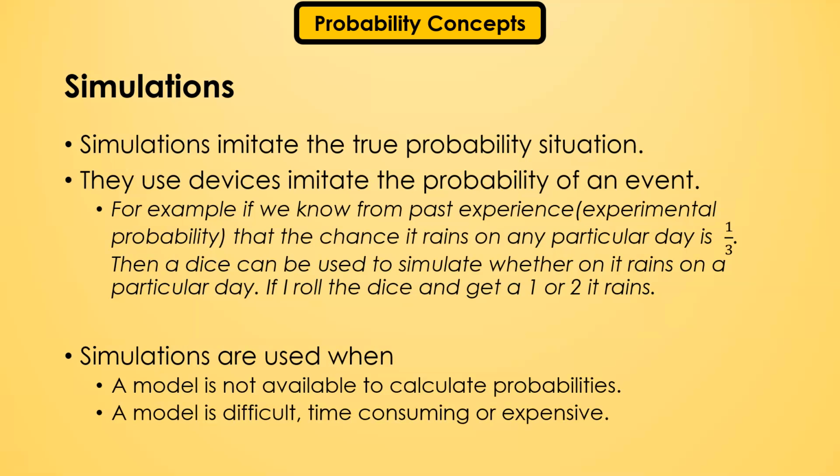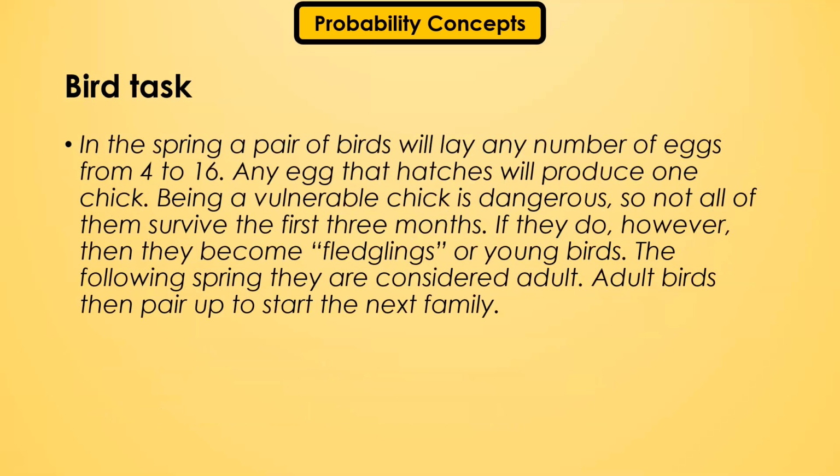What we can do is sit there and actually measure them and carry them out. Or when it's something that the experiment's too difficult, we can try and model the probability from what we've observed before. So we also use simulations when a model is difficult, time-consuming, or expensive.